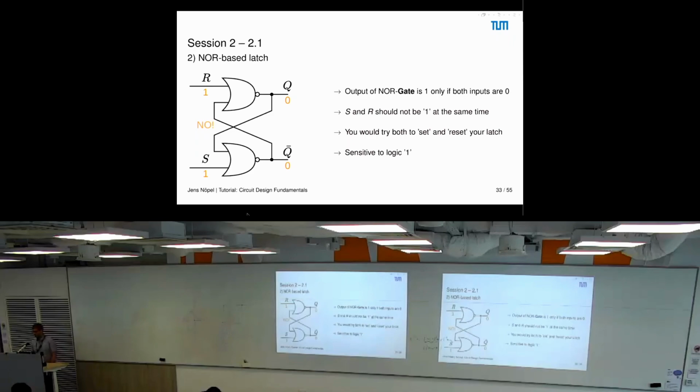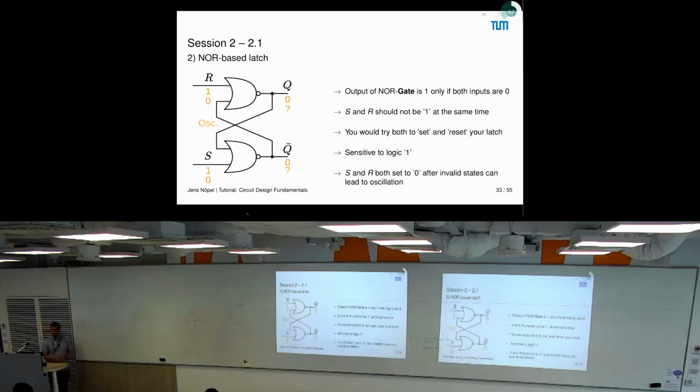Because what happens if you afterwards switch to 0 again, so say, okay, now we want to store the forbidden state, what would happen then? Then we have a 0 here, the inverter is enabled, so actually we want to have a 1 here, but currently there's a 0, and a 0 here means we switch here to a 1, but there's a 0, and so on, so we just get into an oscillating state.